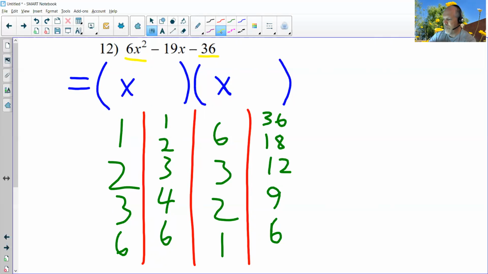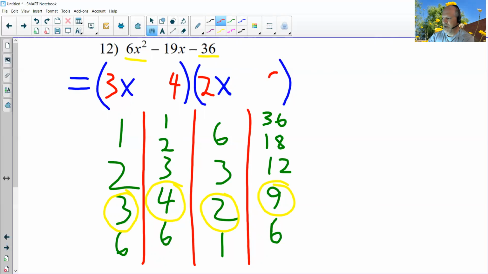The correct factors are 3, 4, 2, and 9. So let's put those into the binomials. 3, 4, 2, and 9.